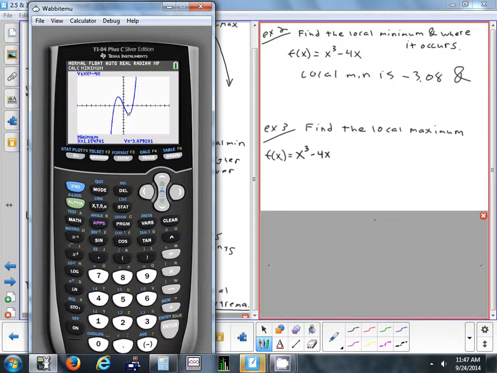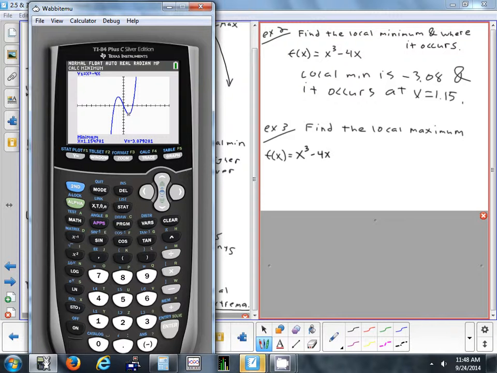Where does it occur? That's the x value. It's the x value that causes that y value. And it occurs at 1.15. So the actual local minimum is negative 3.08, and it occurs when x is 1.15. So that answers both questions.